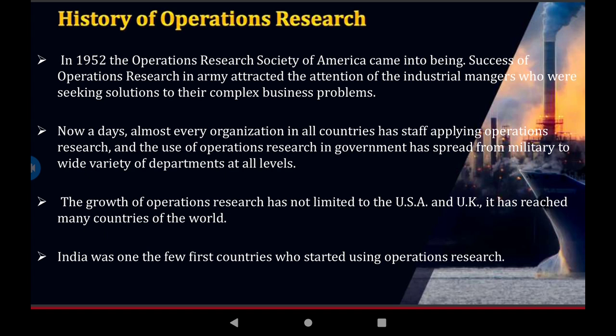Okay, so the growth of operations research is happening in all countries, there is no limit to it. It is not limited to the USA and the United Kingdom; it has reached many countries, and operations research is being used very rapidly in all countries.